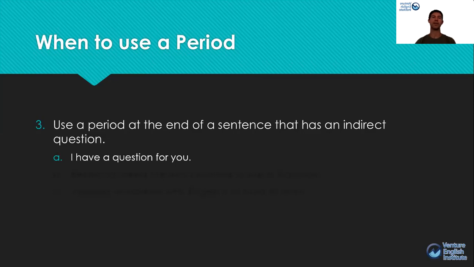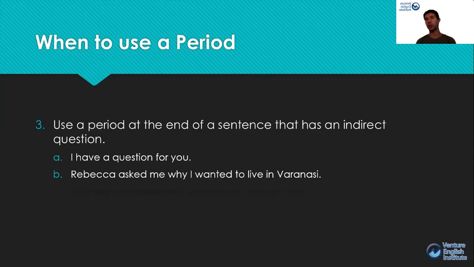There's actually a statement. How about this? Rebecca asked me why I wanted to live in Varanasi. So in this sentence, there is no actual question. There's just the implication of a question. We call this reported speech. We use periods in these types of sentences where an indirect question has been asked.